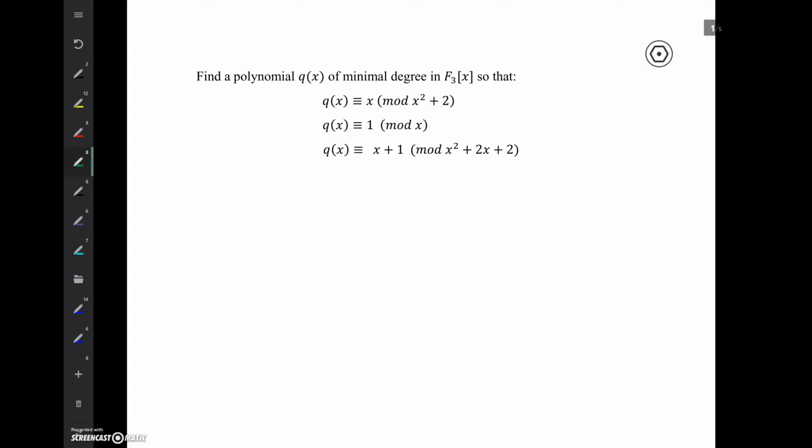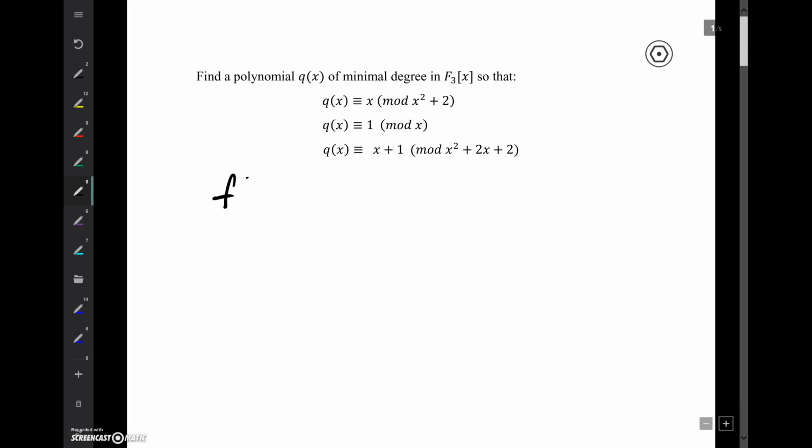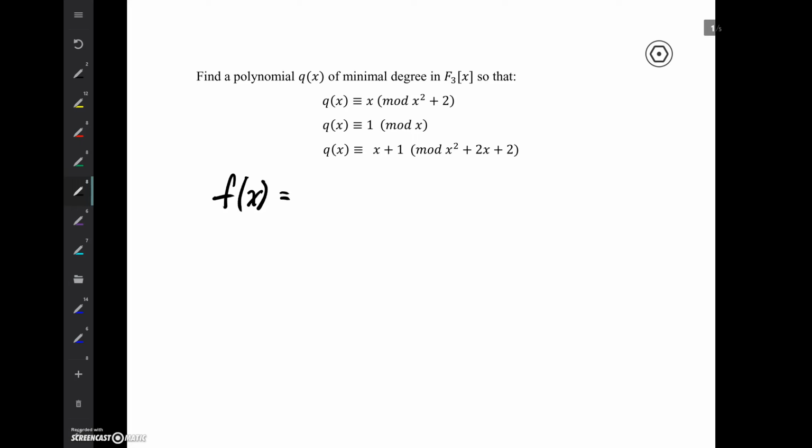What we're trying to find is this polynomial, f of x, such that we're going to be finding these three things. We're going to find h1, h2, and h3 that correspond to each one of these congruences.